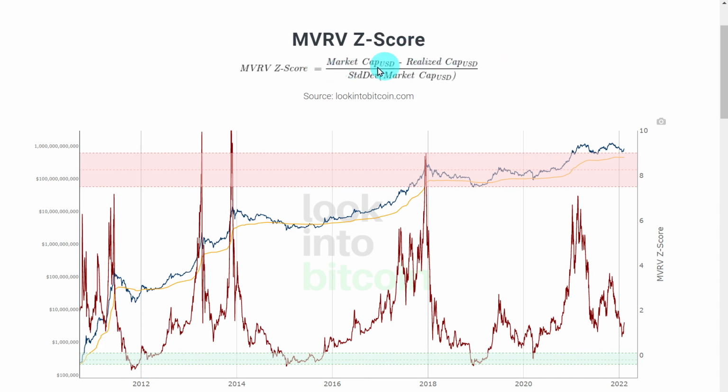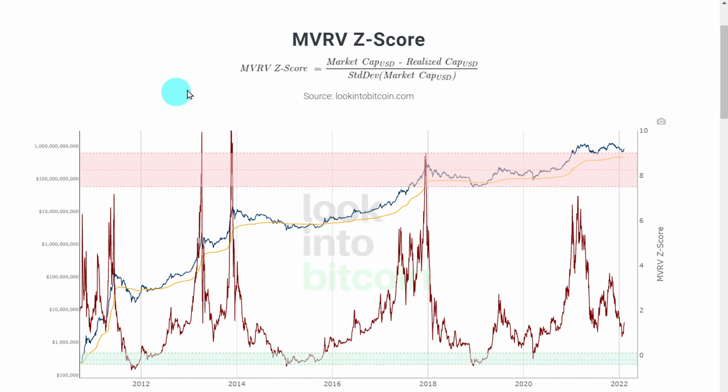What we then also do is we divide by the standard deviation of the market cap, simply to adjust for heightened volatility in the early days and less volatility in the recent past. And so what we can notice is that this value gets really high during times of excitement, right? And the same is true the other way around. It gets really low during times where we might be potentially cheap.